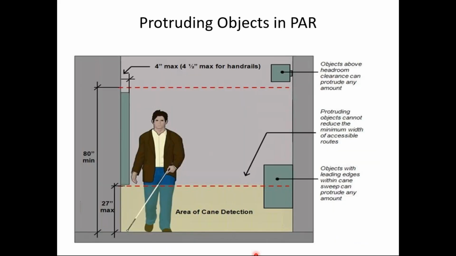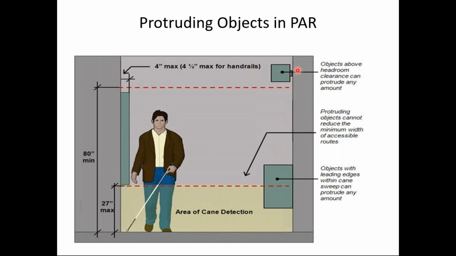And this is just for your reference. It shows kind of the diagram of what is a protruding object. So protruding object would be anything that extends more than 4 inches into the space defined by these red dashed lines here. Notice we're saying this is 4 inches, so this is not a protruding object, but if it was say 5 inches or 6 inches, that would be a protruding object. This is not a protruding object.